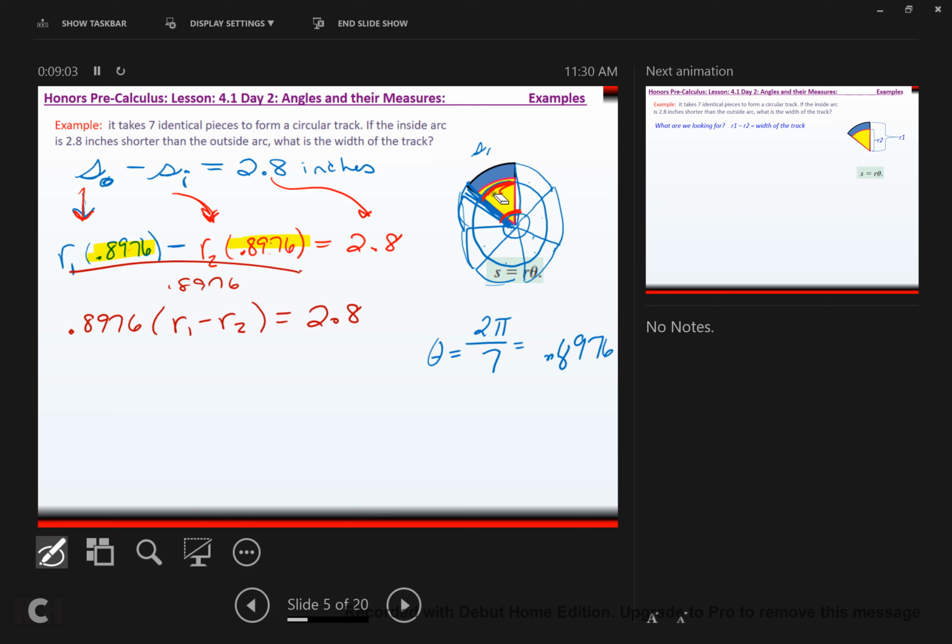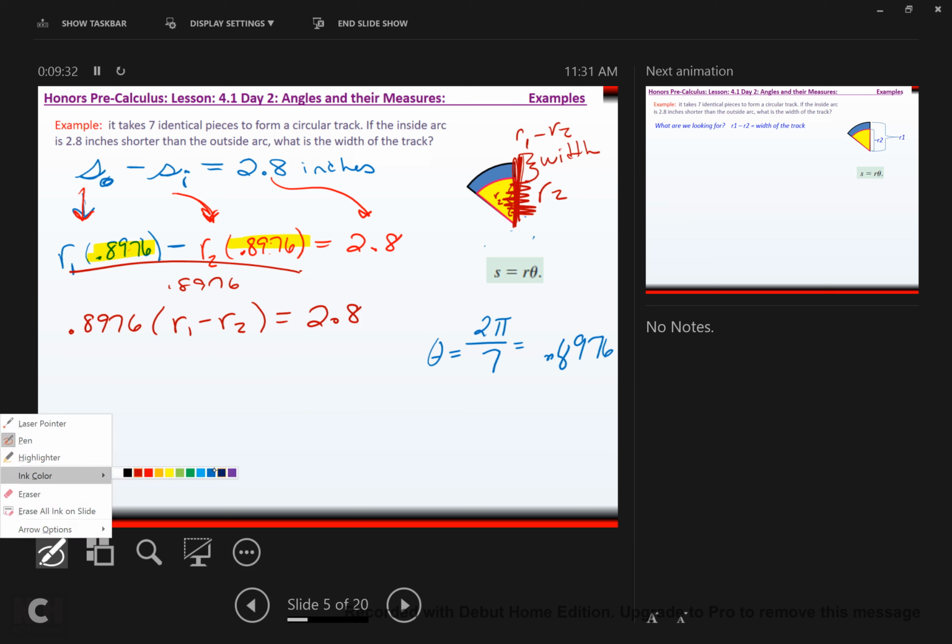And isn't that what I'm trying to figure out anyway? If I'm trying to figure out the width of the track, if this whole thing is R1 and just this much of it is R2, then R1 minus R2 is what's left, the width of the track. If I take this whole long thing and take off this much, all that's left is the width of the track, which is R1 minus R2. So I want to get that alone, and I'll have my answer.